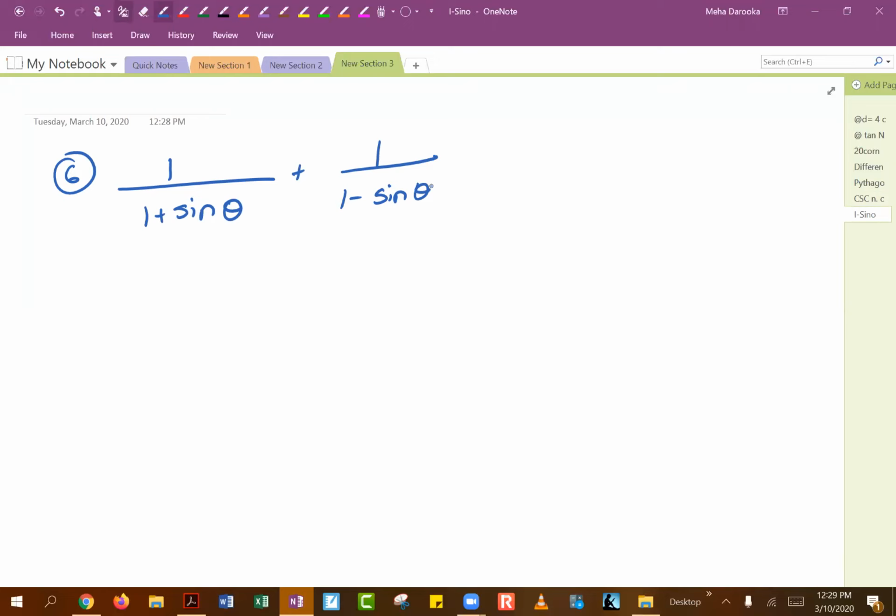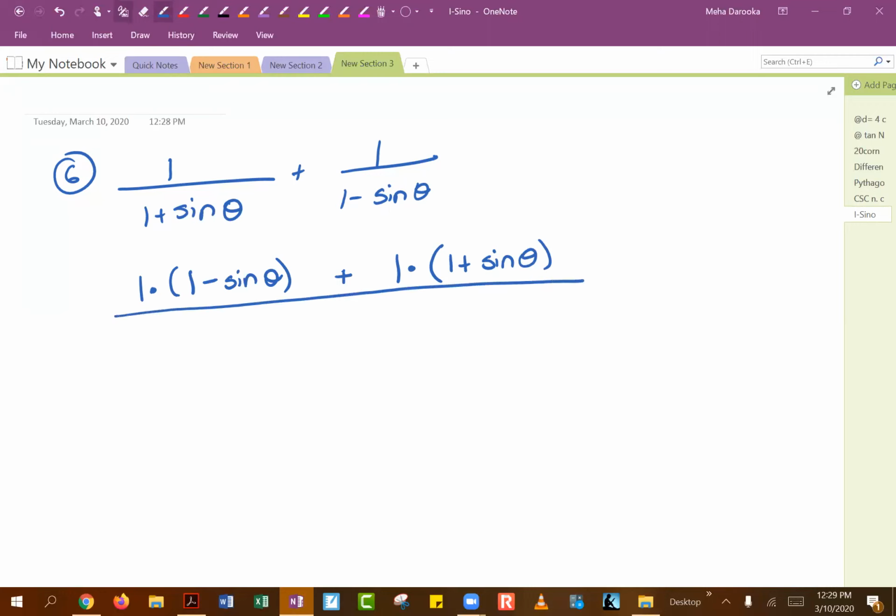Alrighty, which means you are going to multiply the expression on the left-hand side with 1 minus sine theta, and the expression on the right-hand side with 1 plus sine theta. And that means for the denominator, you just end up multiplying the two original denominators.